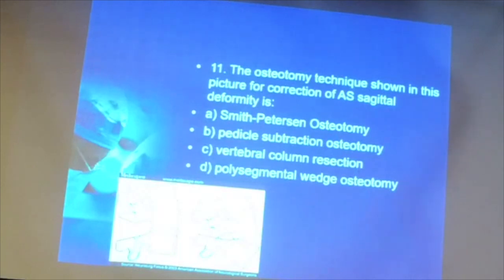Any C's? And any D's? I'm not getting a lot of votes here. It's not B because look at the pedicle. The pedicle is still there. So this is what's called a Smith-Peterson or Ponte osteotomy. Okay?